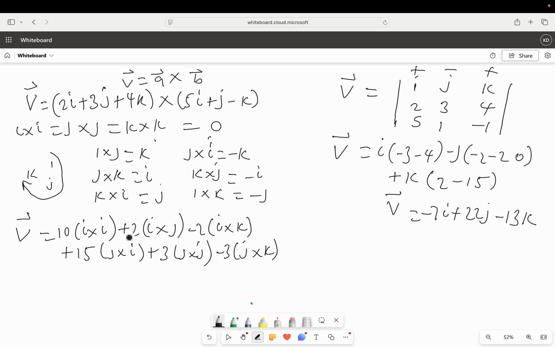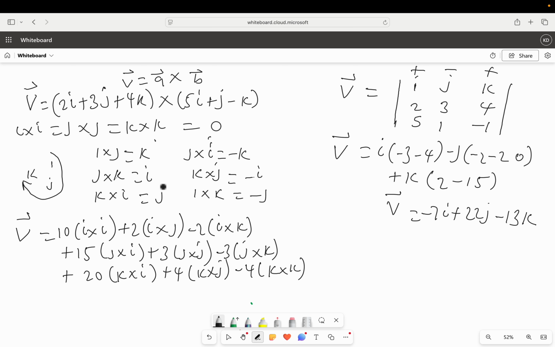Then for the unit vector k, I will have 4 times 5, it will be 20, and it is just k cross i. Then I will have 4 times 1, it is just 4, and it is k cross j. Then I will have 4 times minus 1, minus 4, and it is k cross k.